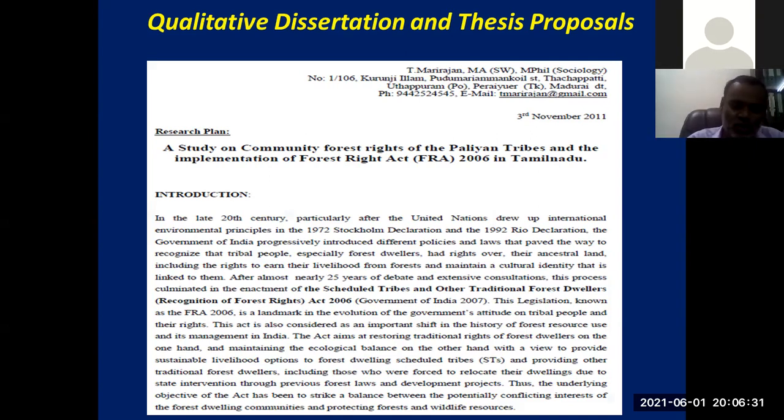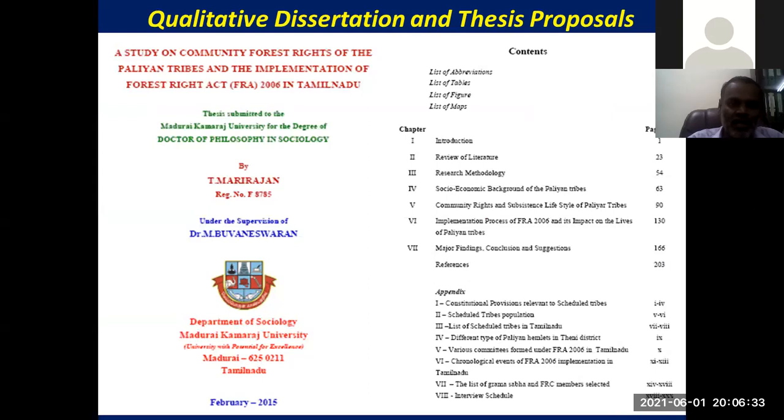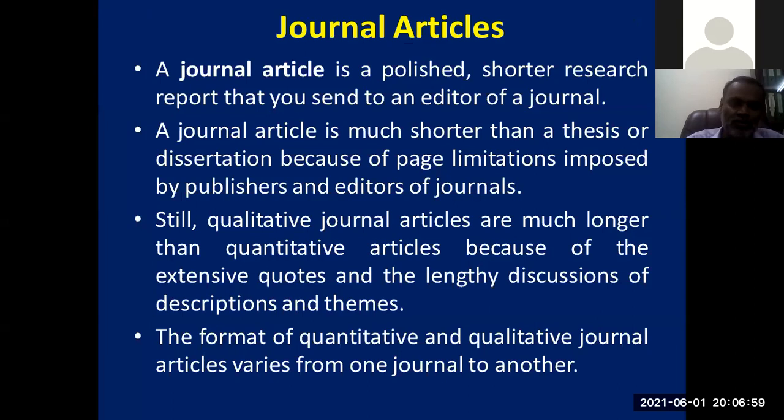Based on the proposal, this is my final research report, my PhD thesis report. That is the proposal, and this is the report I made following it for my final thesis. This is the cover page of the thesis report.